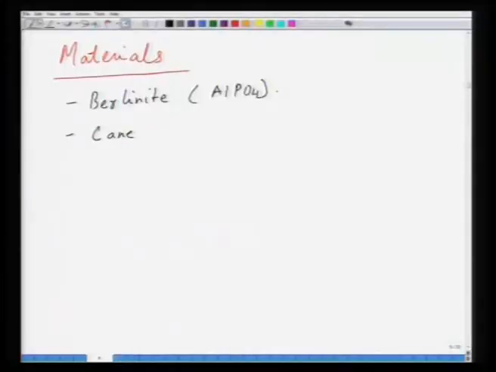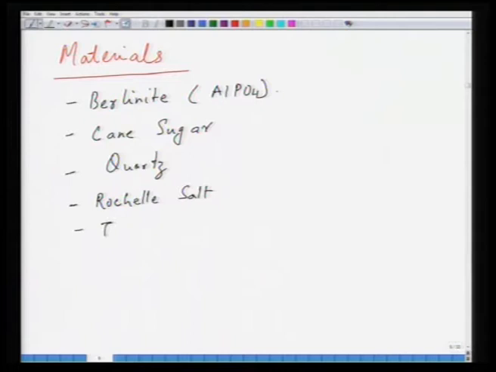As I told earlier, cane sugar, and then you have quartz, Rochelle salt, topaz, and tourmaline.